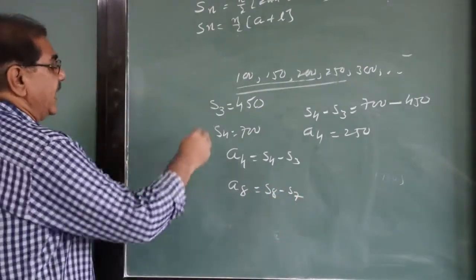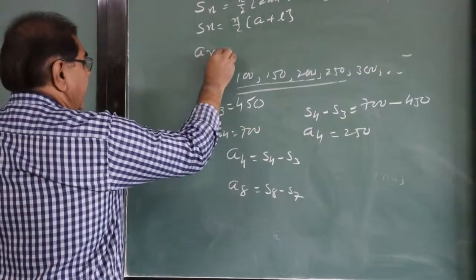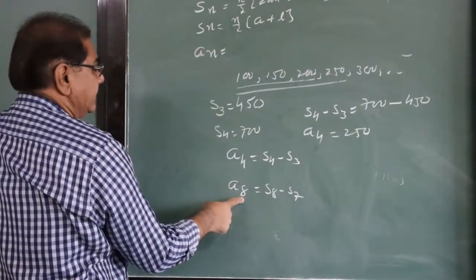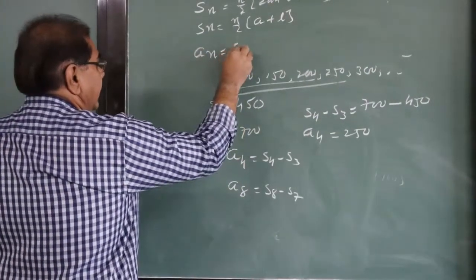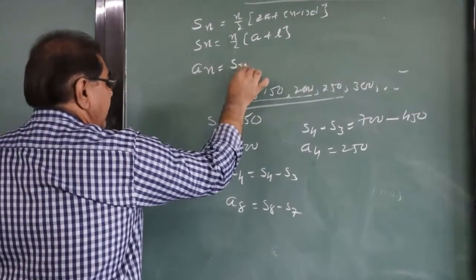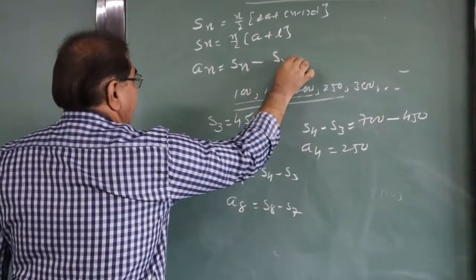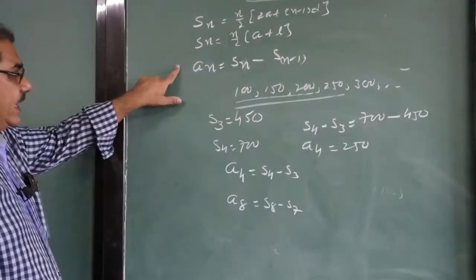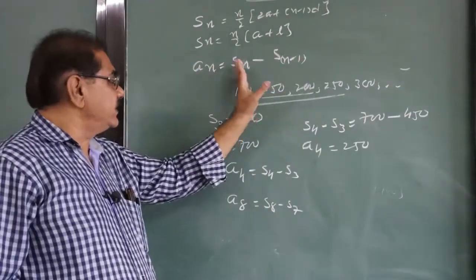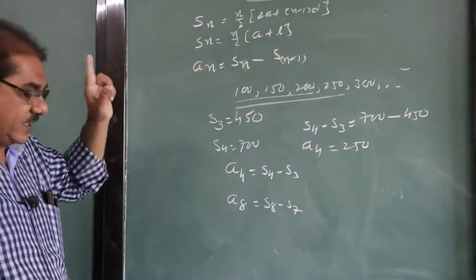So in general, I take the formula like this: n is equal to the number of terms, then An is equal to Sn minus Sn minus 1. So this is the formula. If we have the sum of the terms, then we can find out the required term of the AP.